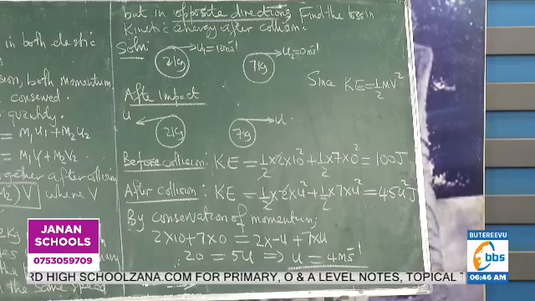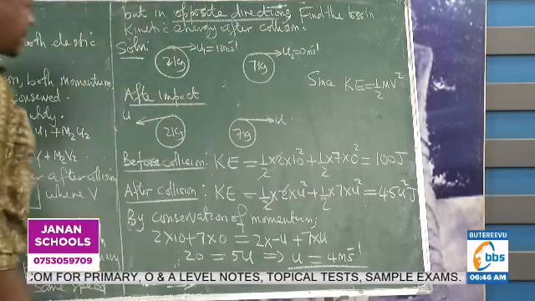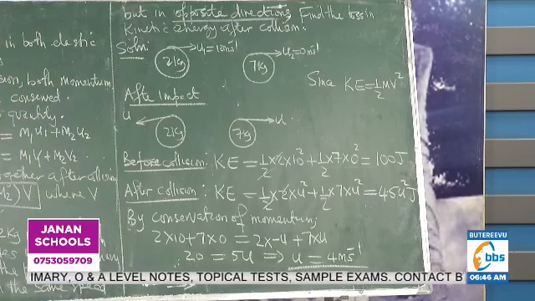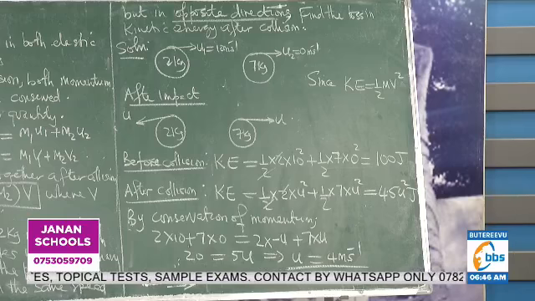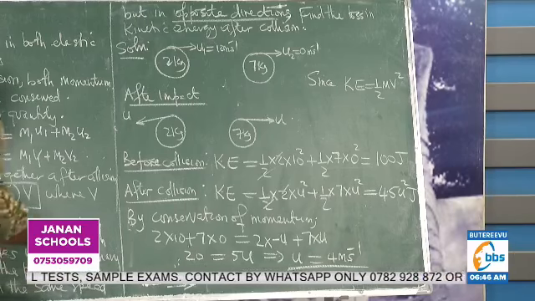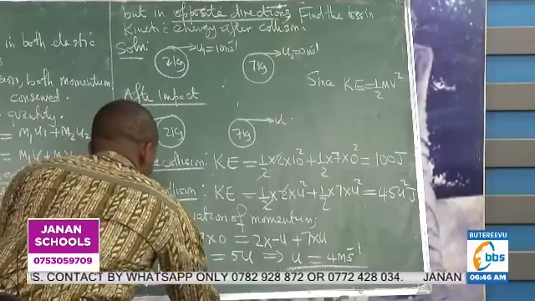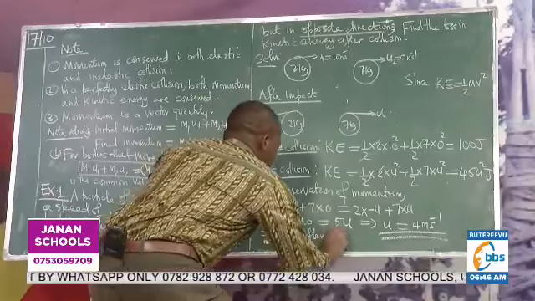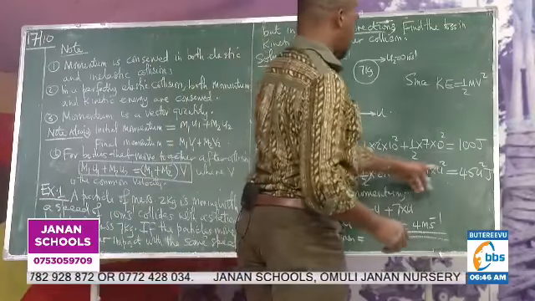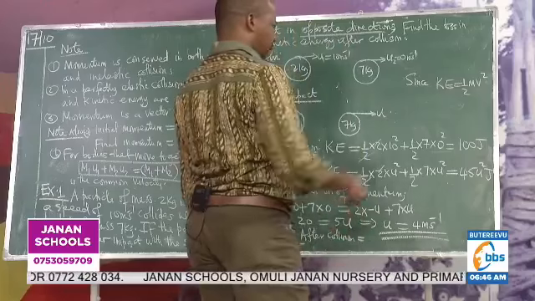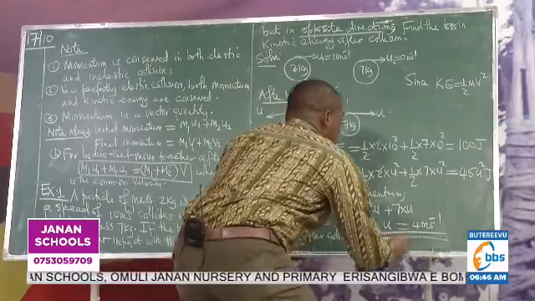After getting that common velocity, we can get the kinetic energy after collision, which is given by that expression there. This implies that KE after collision is 4.5 times 16.